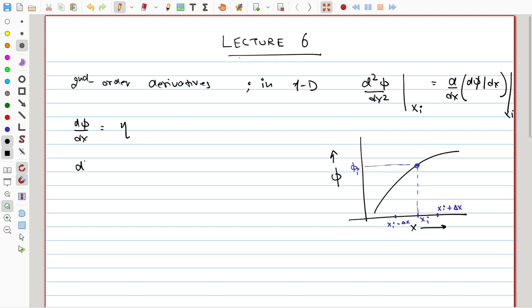So basically the second derivative of phi with respect to x is d eta by dx. Since we know the methods to discretize first order derivatives, let's do that. Let's find d eta by dx at the point xi.